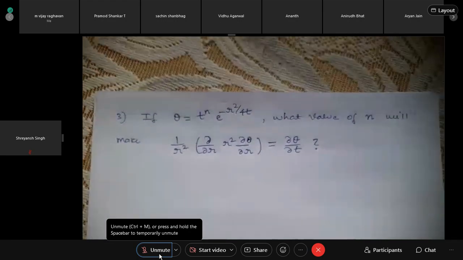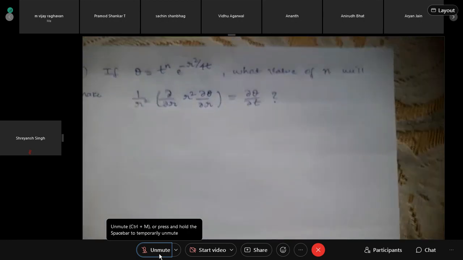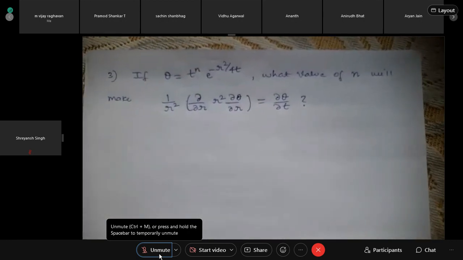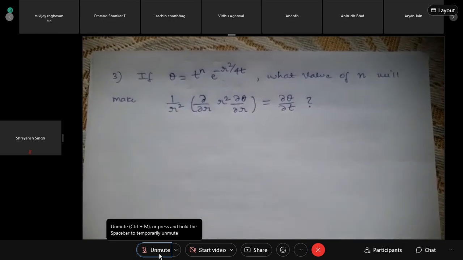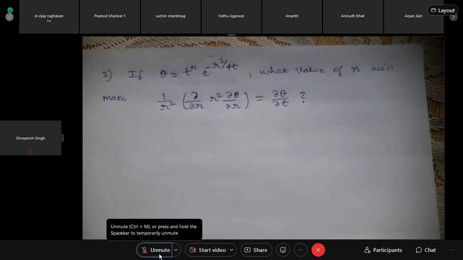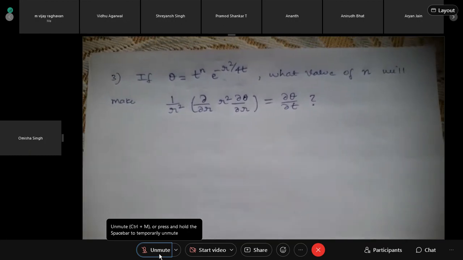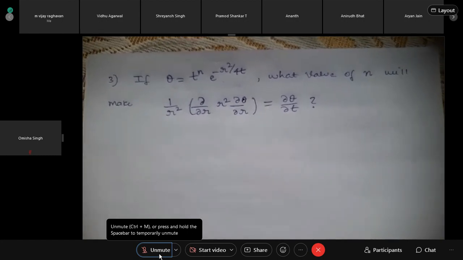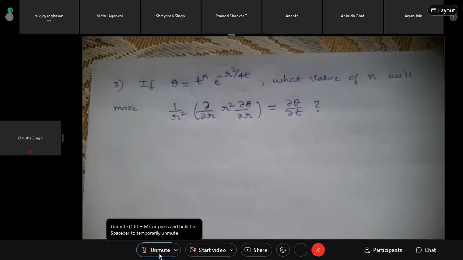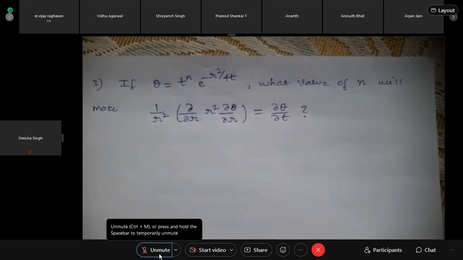Can I say theta is an independent variable here? No, sir, dependent. Theta is a dependent variable. Are you sure? T and r are independent. Exactly. You should be in a position now to analyze which one is dependent and which one is independent.